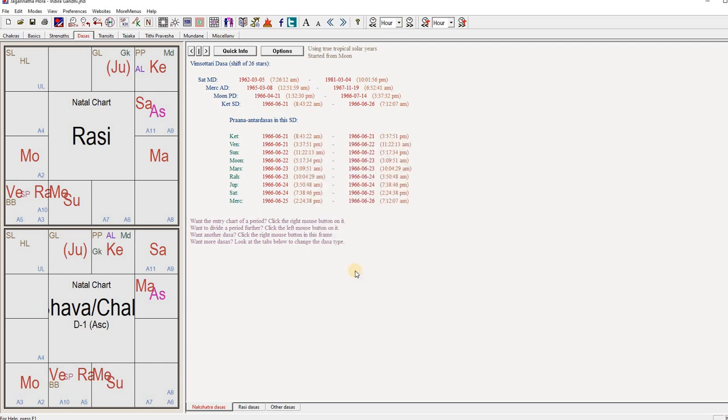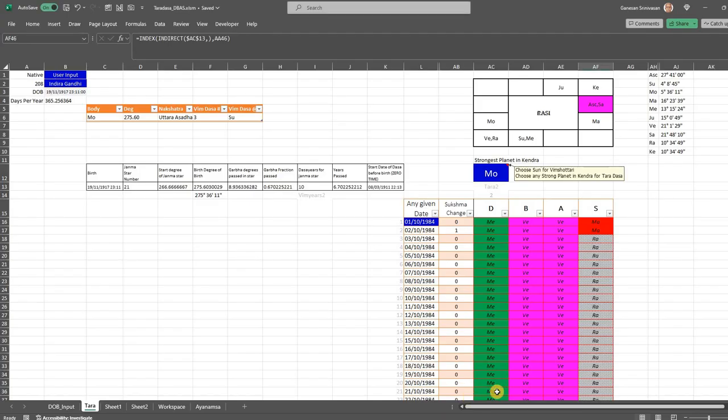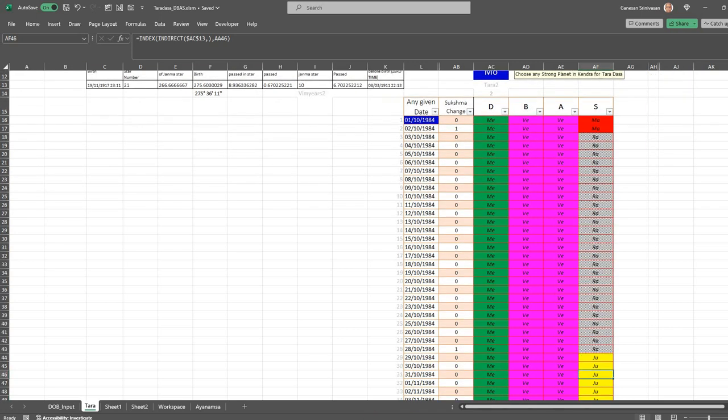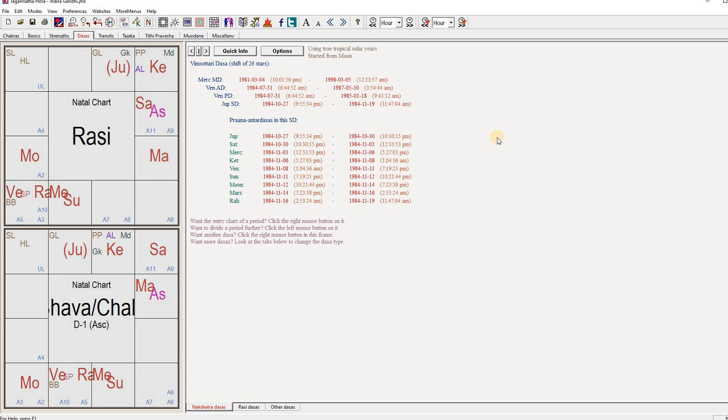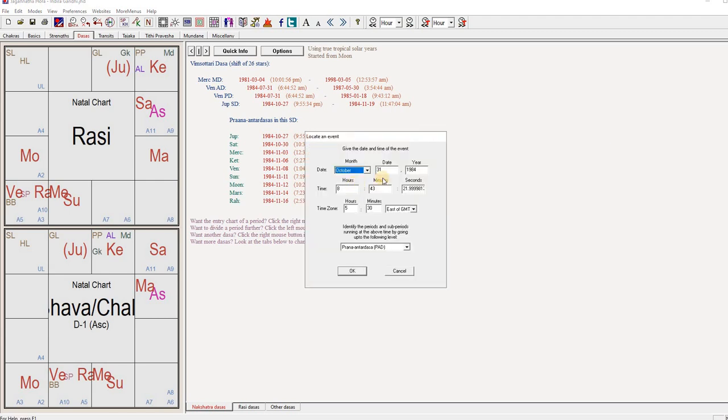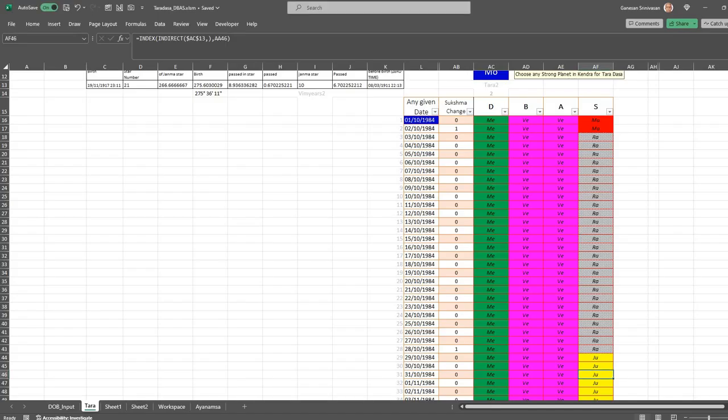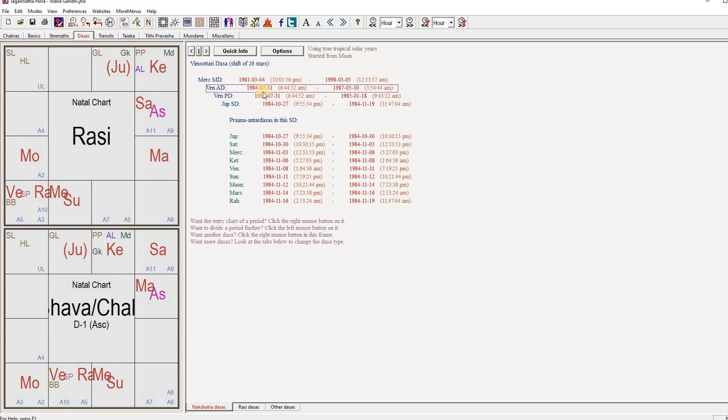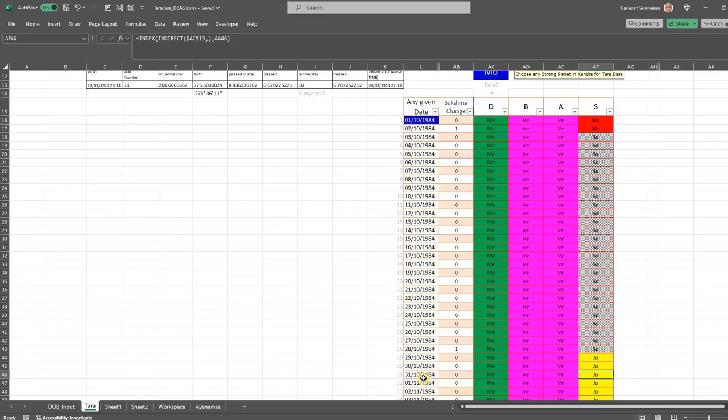Saturn, Venus... Yeah, let me see. No, Mercury, Venus, Venus, Jupiter. Sorry, Mercury, Venus, Venus, Jupiter. So 31st October, Mercury, Venus, Venus, Jupiter.